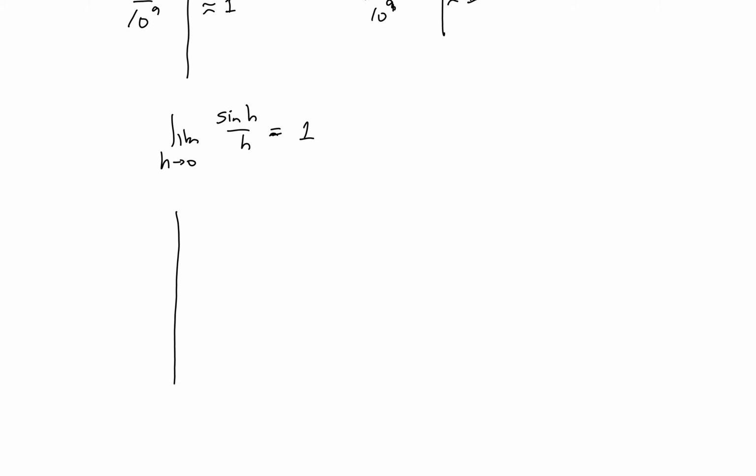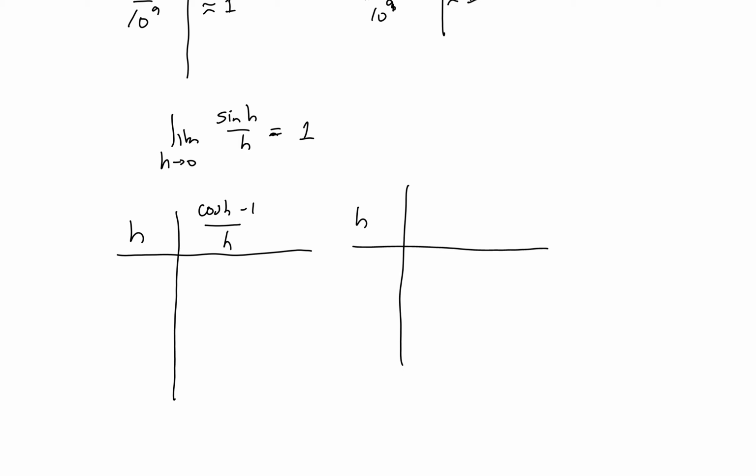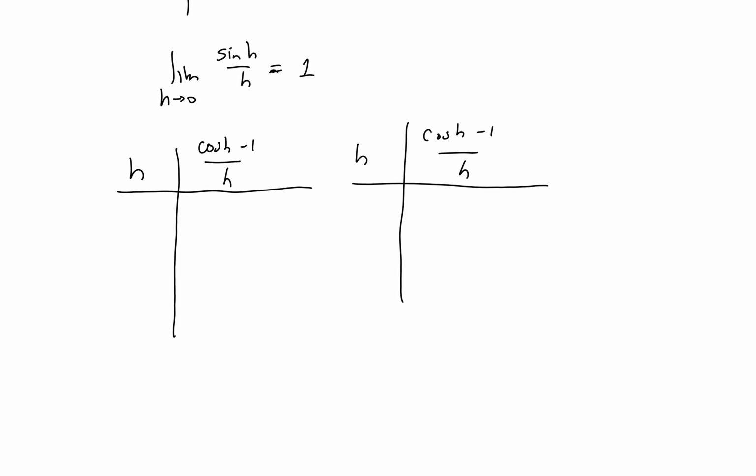And then the other limit we need is with the cosine. This one doesn't converge quite as quickly, so we'll see some change in this. So if I do minus 0.001, this is about 0.0005. And then if I do a large one, this is approximately 0.